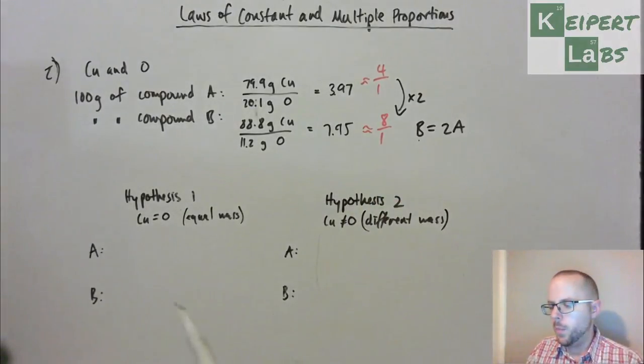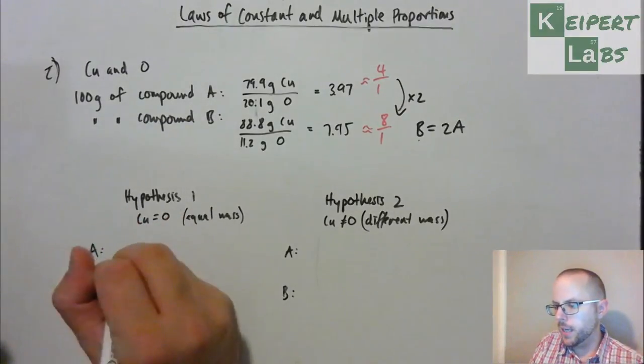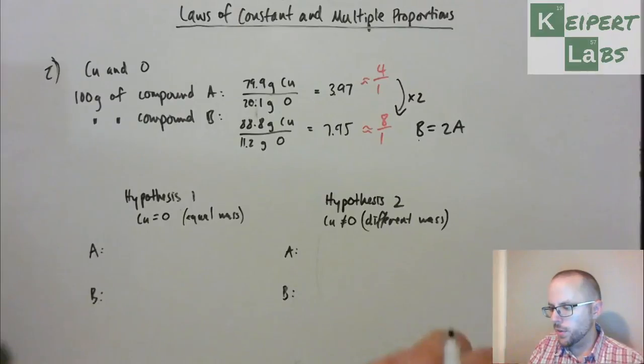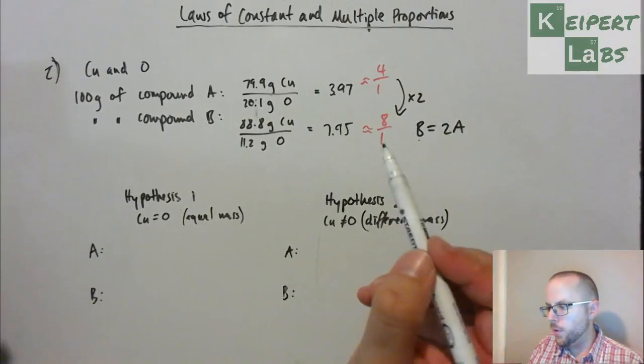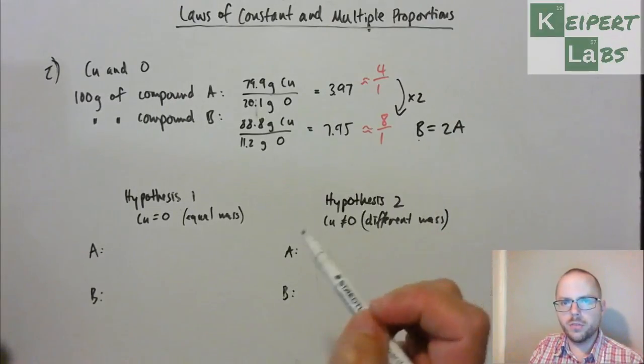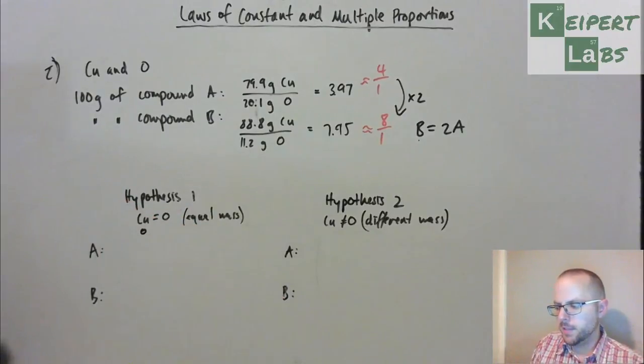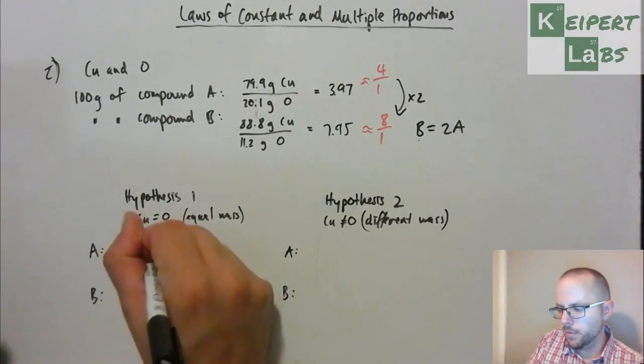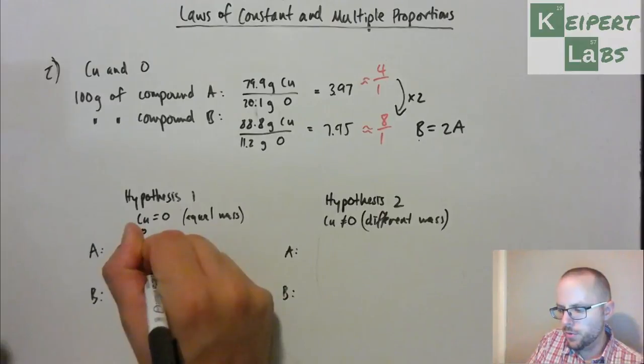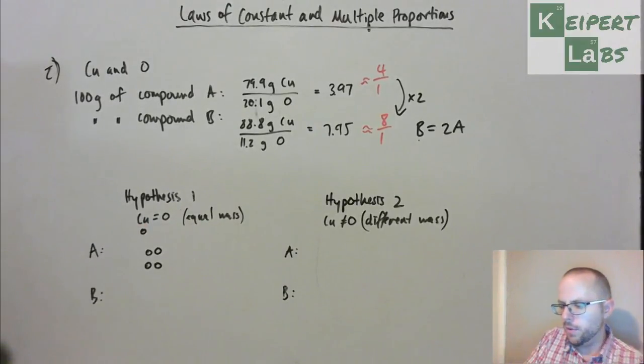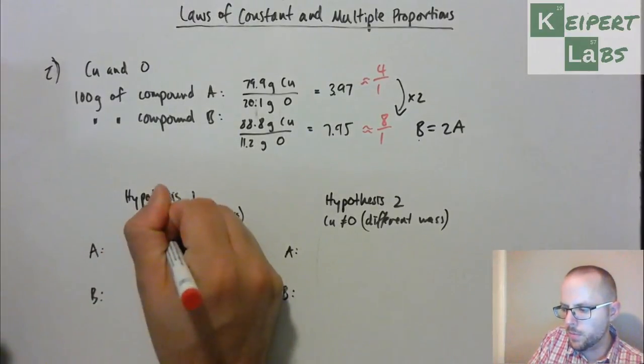The way we could account for what we've measured in hypothesis 1 is that we have 4 coppers for every 1 oxygen. If I represent copper with a black circle, maybe I've got 1, 2, 3, 4 for every 1 oxygen, which I'll make red once more.